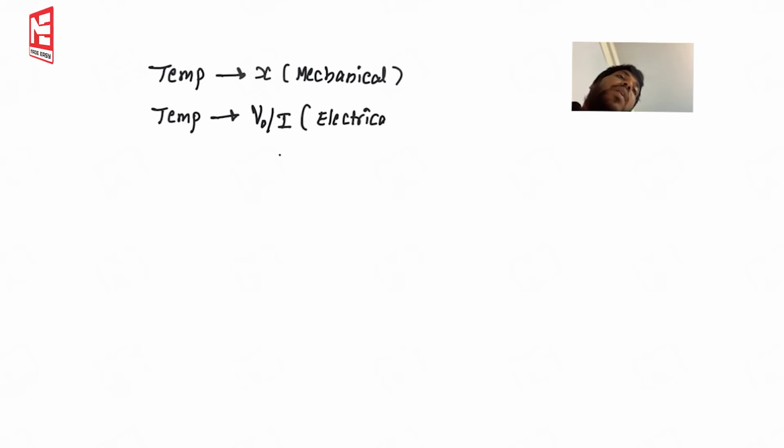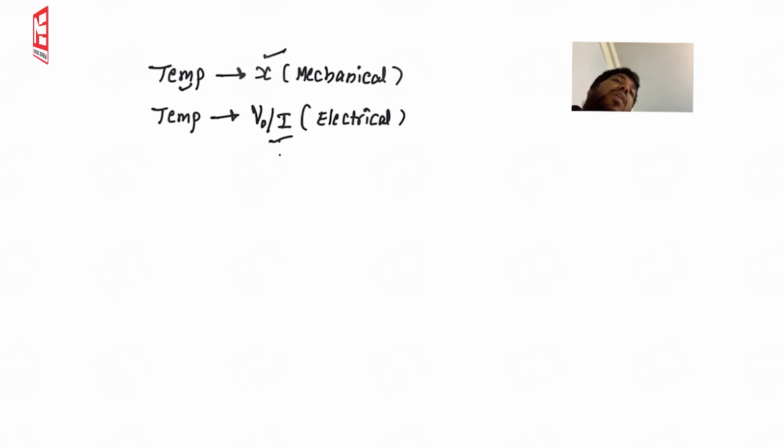Now let's get back to our actual discussion. What happens in these 5 cases is that a physical parameter is converted into either mechanical output or electrical output. This means that a sensor is a device which senses some physical quantity like temperature and, corresponding to that, generates some signal or some output.